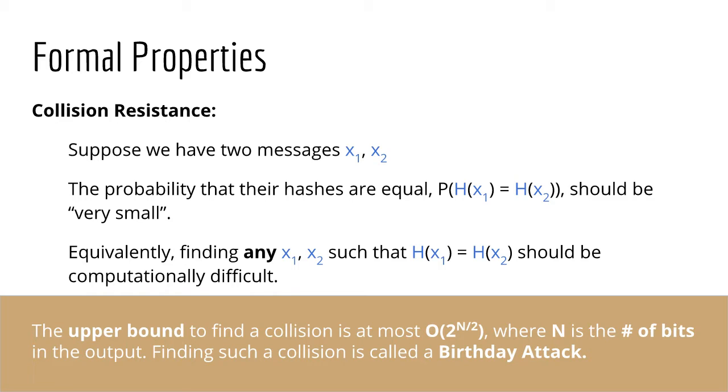This is called a birthday attack. I'm sure some of you have heard this in CS70: if you have more than 35 people in a room, the probability that any two people have the same birthday is above 99% or something. This is a similar property.